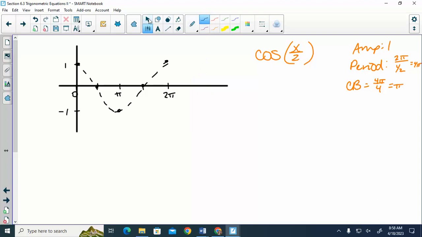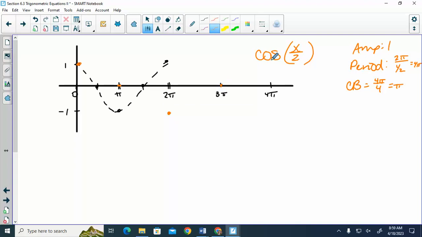So when you go to graph that, your points, 0 is your first one, and then 1 pi, 2 pi, 3 pi, 4 pi. And so that graph looks like this.